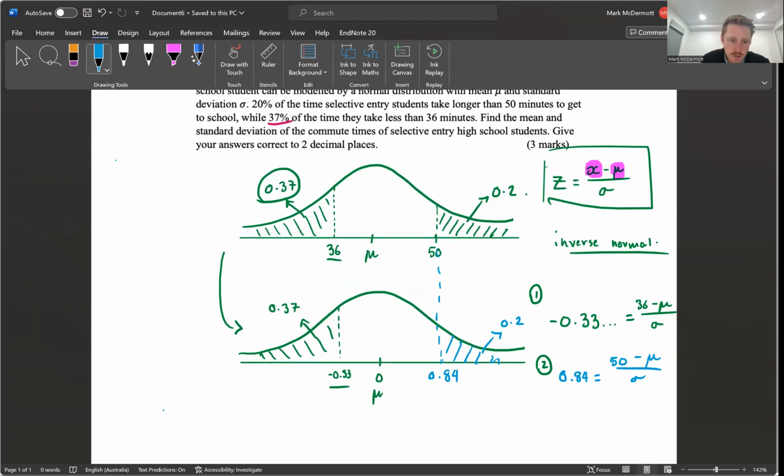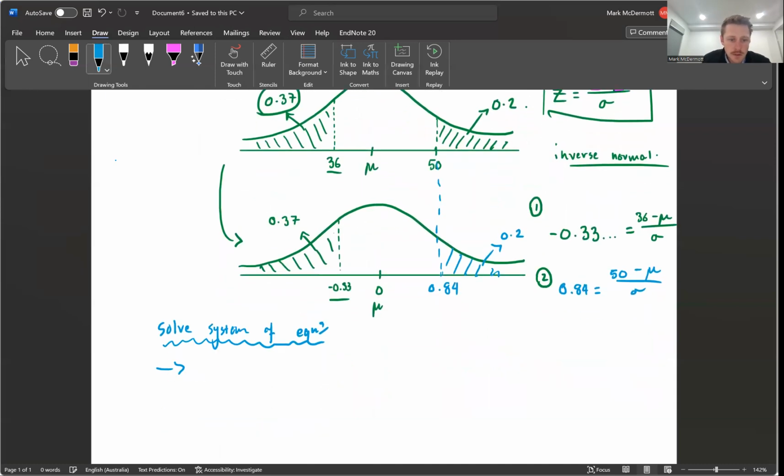And now we're going to solve the system of equations. If you go to menu, algebra, yep, 7, solve system of equations.